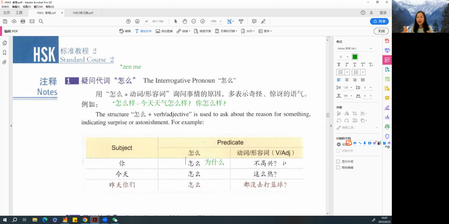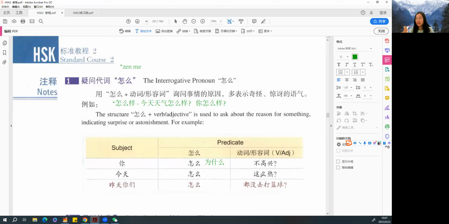So it's easier for us to understand the meaning of 怎么 in a question here. And then let's take a look at the second example. 今天 means today, correct? 怎么这么热. 热 means hot, warm, right? It's quite warm today.